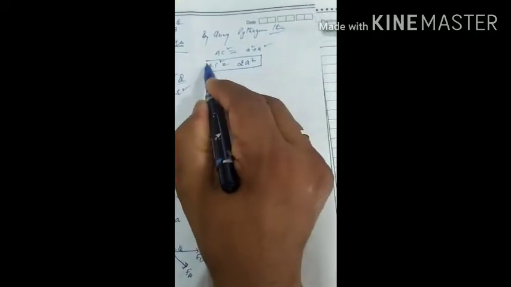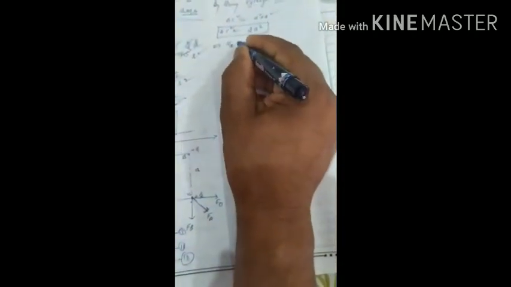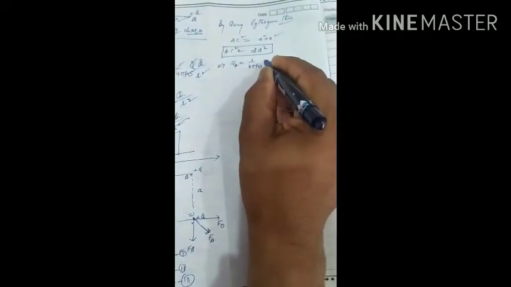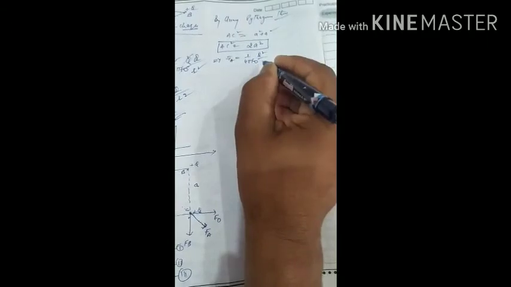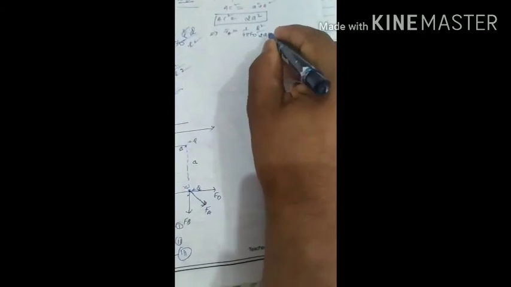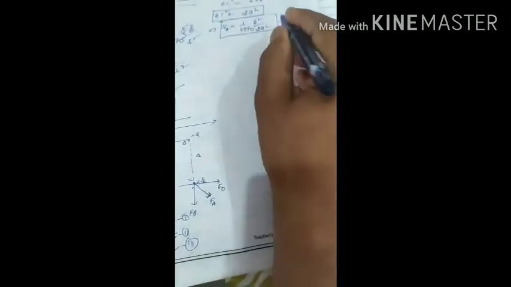This is the value of AC square. So now we will find the value of FA. FA will be equal to 1 upon 4 pi epsilon naught Q square upon 2a square. This is equation number 4.